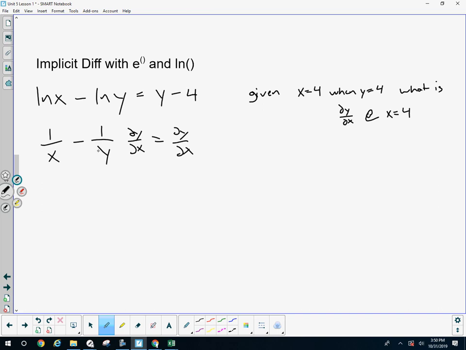And then we'll solve for dy dx. Maybe you move the dy dx's over to the right side. Divide to solve.